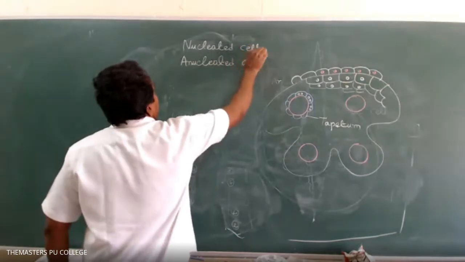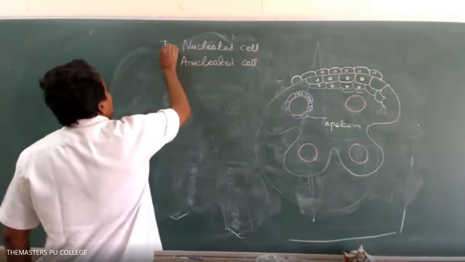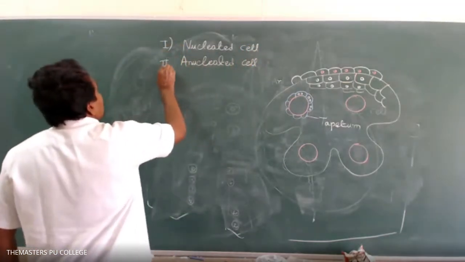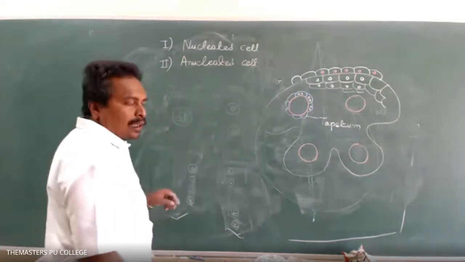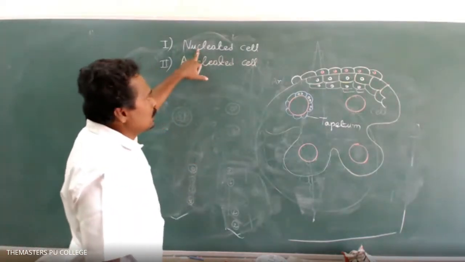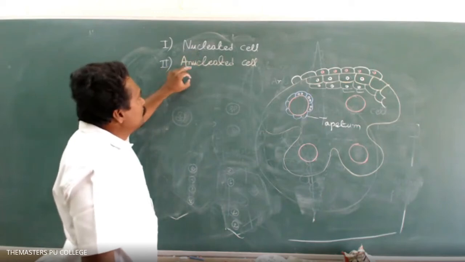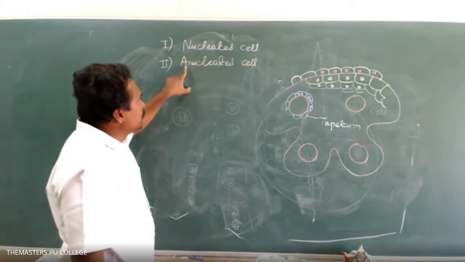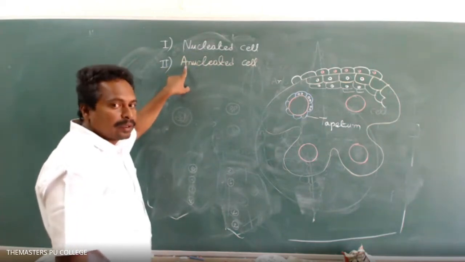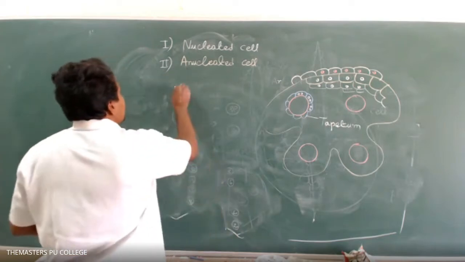Nucleated cell, enucleated cell. Nucleated cells means the presence of nucleus. Enucleated cell indicates the absence of nucleus.